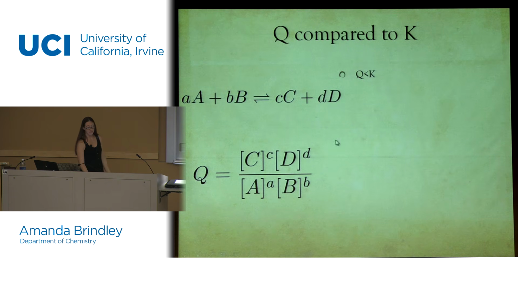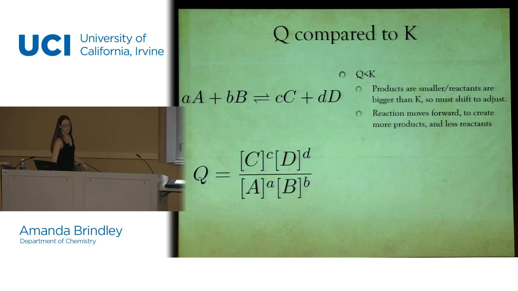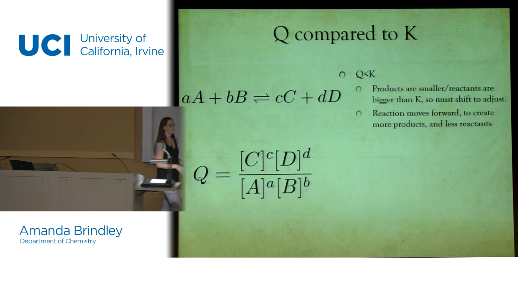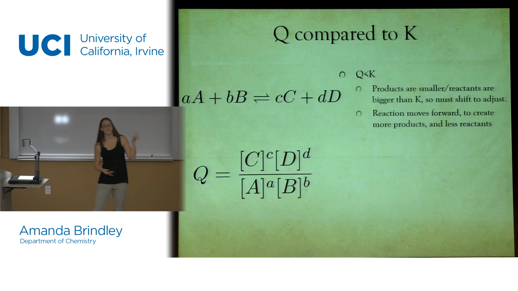Now, if you want to make this number bigger, do you shift toward the reactants or away from them? Toward. So since your products are smaller, or if you want to think about it, your reactants are bigger than you want, it's a combination of the two, it's got to shift to adjust. And so the reaction is going to move forward, right? This is just the reason behind why those rules work. They're rules because of this.